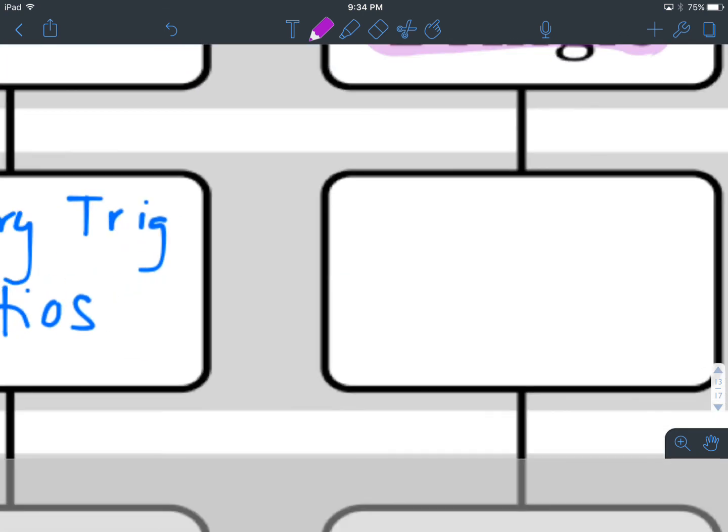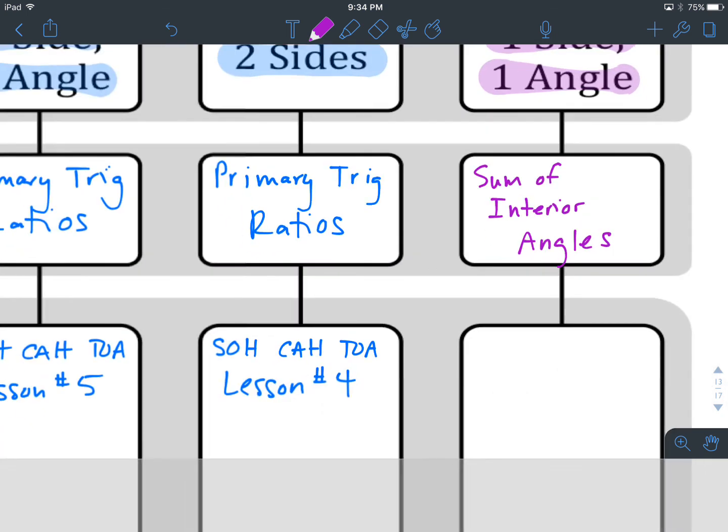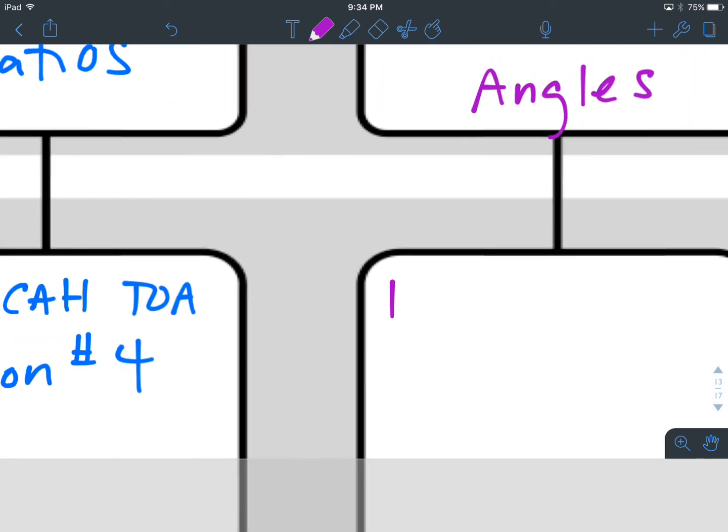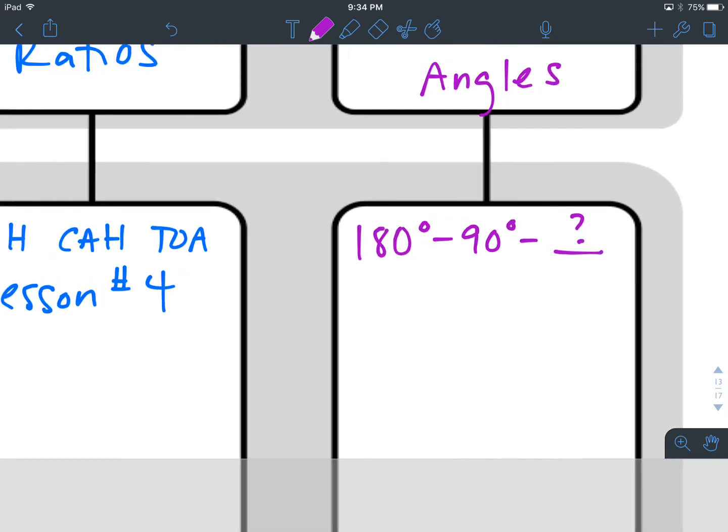So what we can use is the sum of interior angles to find that last angle that we need. So that one, again, just as a little point of reference, would be like 180 degrees minus 90 degrees minus a certain other unknown angle to get our third angle. And that is also going to be lesson number 4.